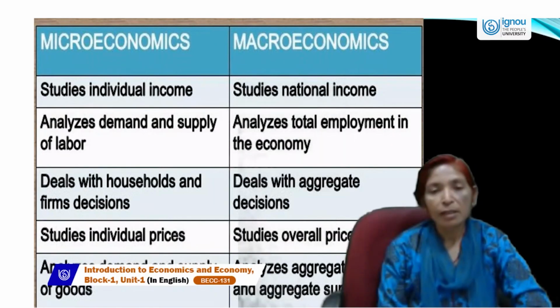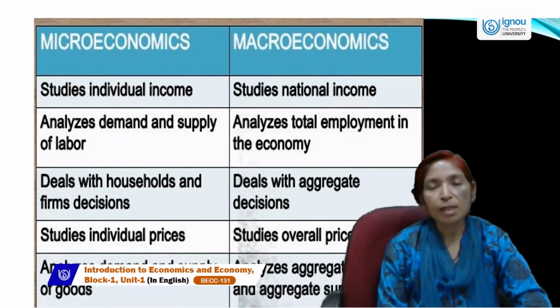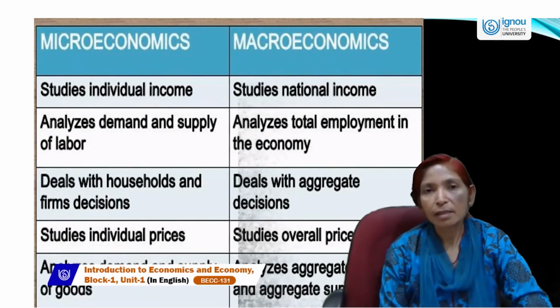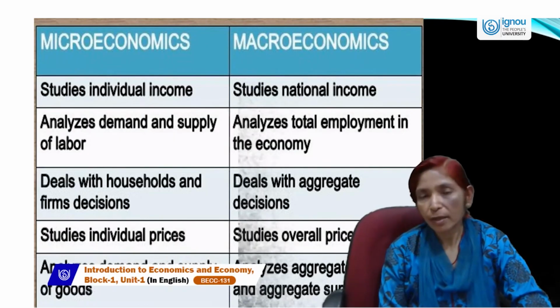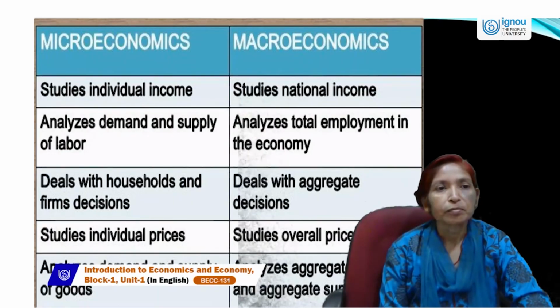In aggregates, macroeconomics deals with national income and total employment, inflation, balance of payments, foreign exchange rate, total saving, total investment, and business cycles, fiscal policy, monetary policy, and interest rate. All are the main issues of macroeconomics.